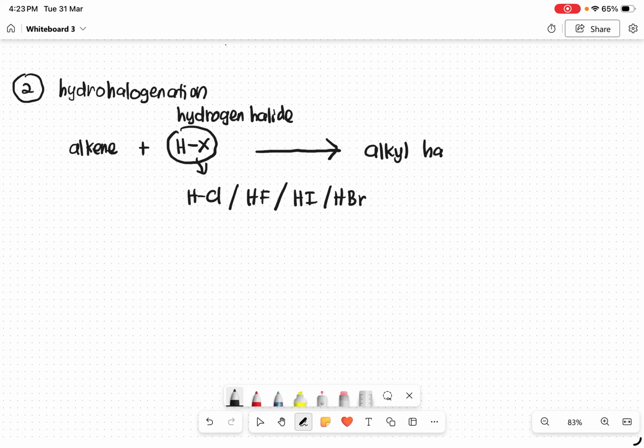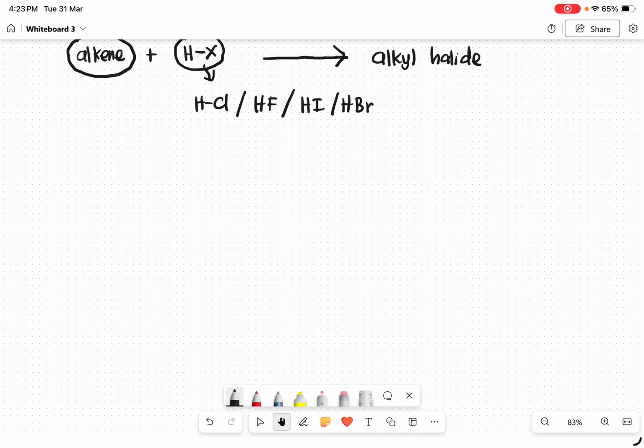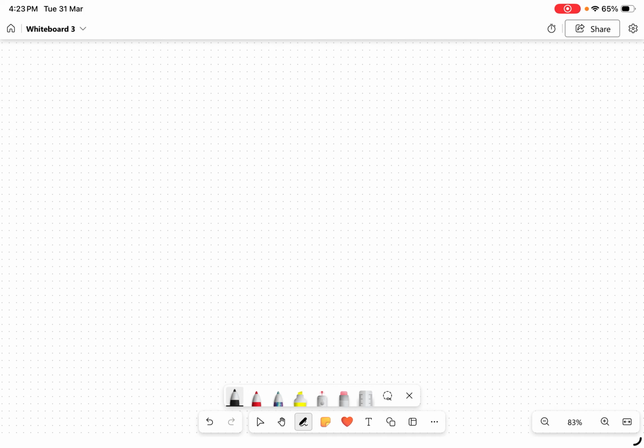It is actually simple, but since this is alkene, there are rules applied for this hydrohalogenation. The term here is direction, so we just write it down first.